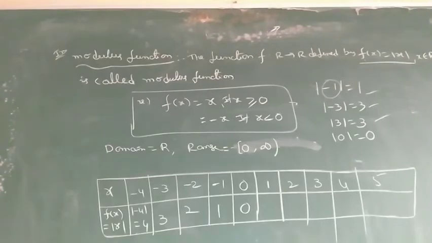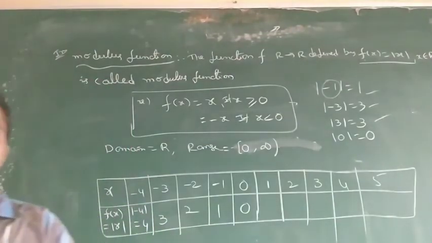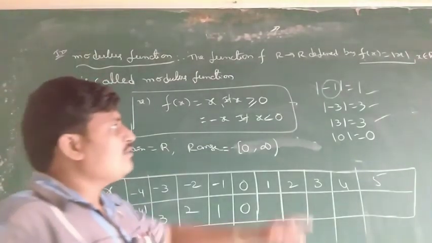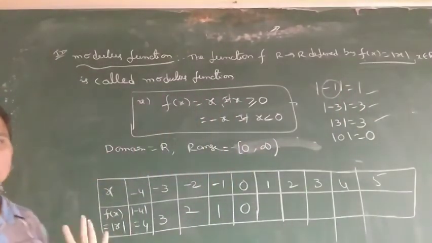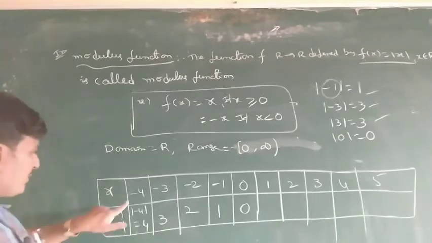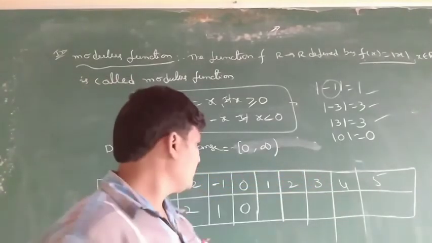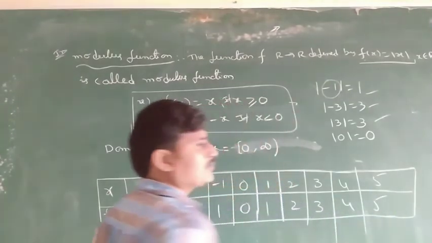So mod of a negative value or a positive value, both are equal to positive. The x value is different, negative or positive, but mod x is always positive. So mod of minus 4 is equal to mod of 4. So this is also 1, 2, 3, 4, 5.